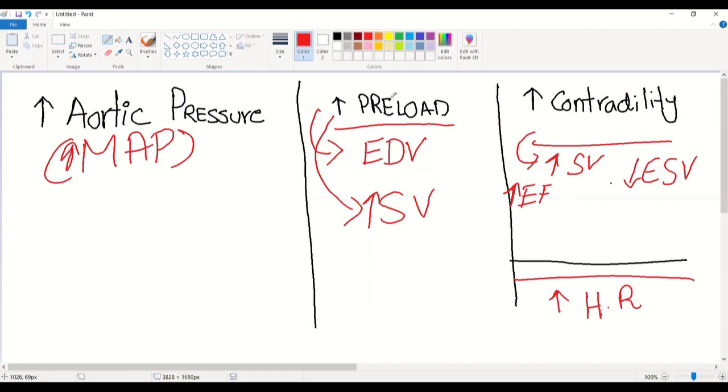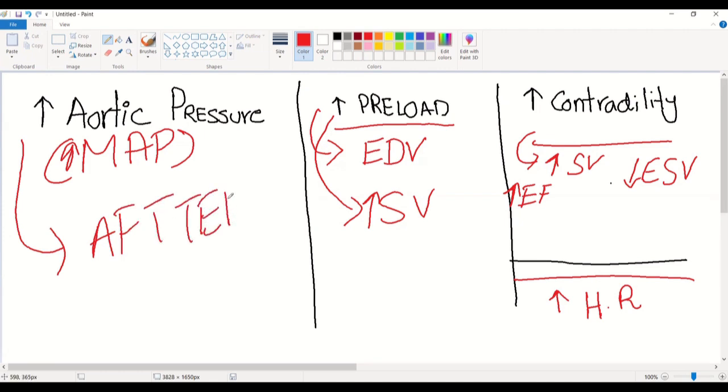So the aortic pressure or mean arterial pressure is increased. First thing, what happens to afterload? Afterload increases. Okay, afterload is mainly determined by mean arterial pressure.